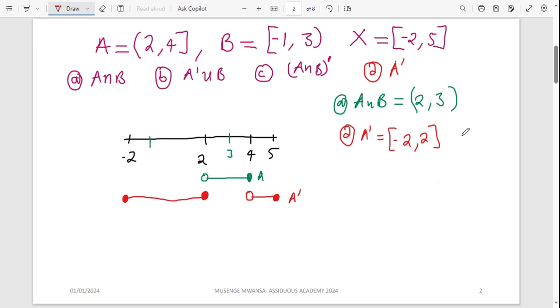We are starting from 4 up to 5. But 5 is going to be closed because we have shaded. At 4 it is going to be open. Now, what is between here? There is nothing. So you use a universal set to connect these two regions. So that is how you would have written if they said find A complement.